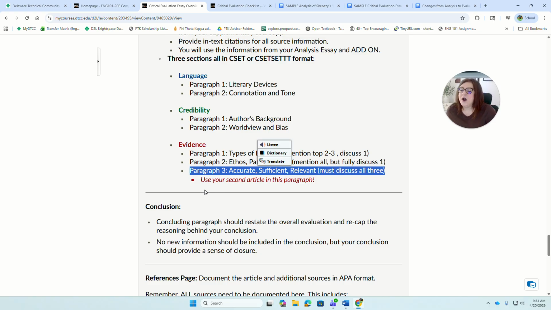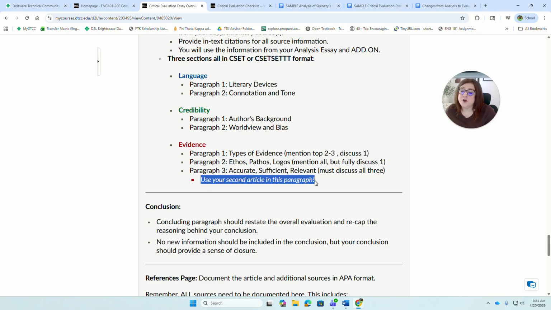Now, depending on how you're using that second article, remember that article that you used in the database exploration assignment, where you went into the SIRS issues researcher, you found an article, you answered lots of questions on it. Well, this is where that sentence and that evaluation helps to either support your ideas, or to kind of take away and say, listen, he didn't do such a great job.